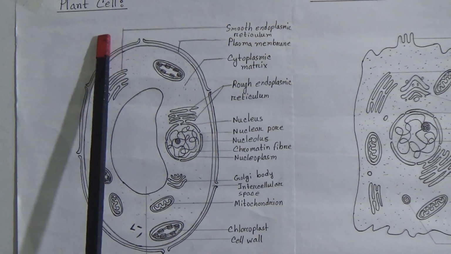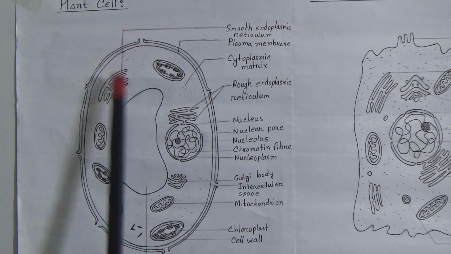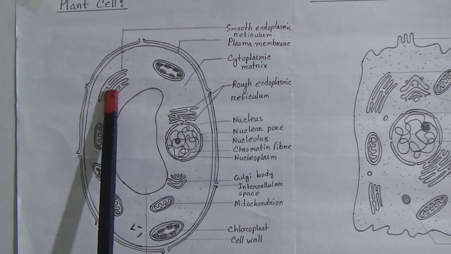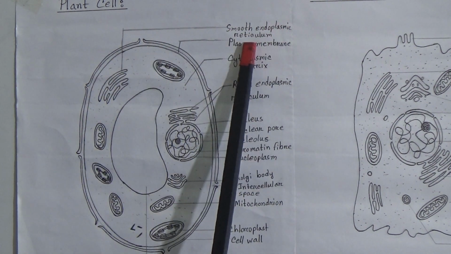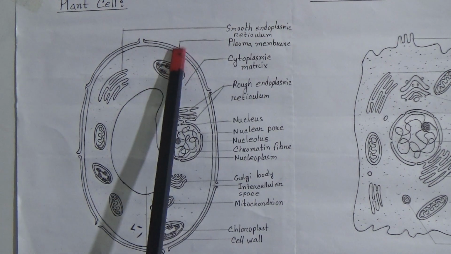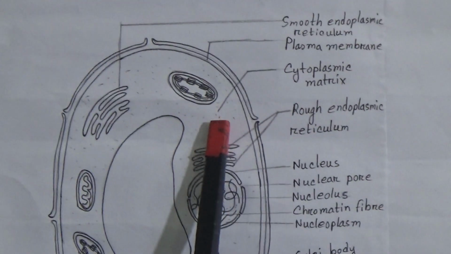Look, let's see what the labels are here. This organelle's name is smooth endoplasmic reticulum, and here are plasma membrane and cytoplasmic matrix.